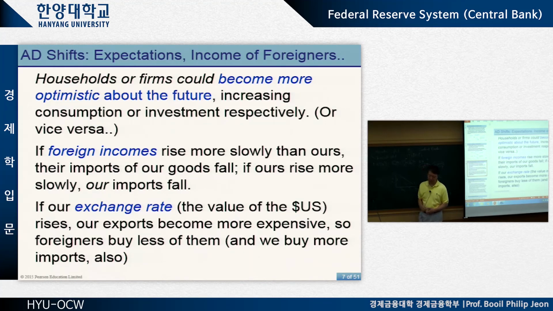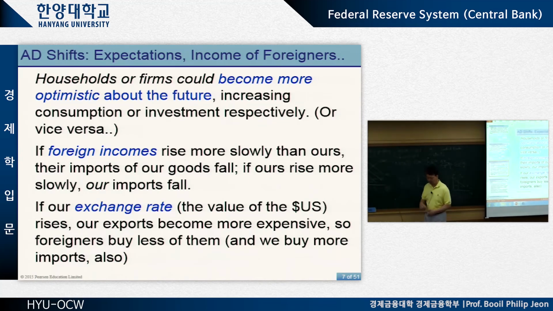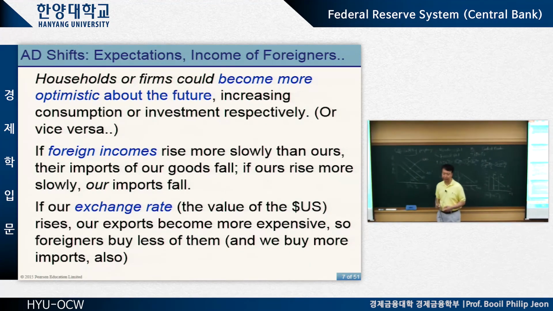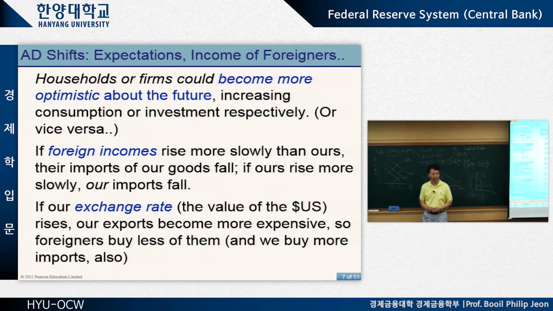Just like here, if people think next year the economy will be better, then they will consume more today, which means aggregate demand will increase and the economy will actually improve just because people thought so.